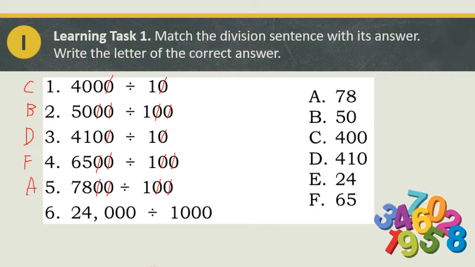The next, number 6, 24,000 divided by 1,000: 1, 2, 3, so we remove three. The answer is letter E.